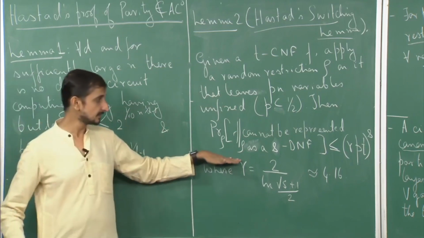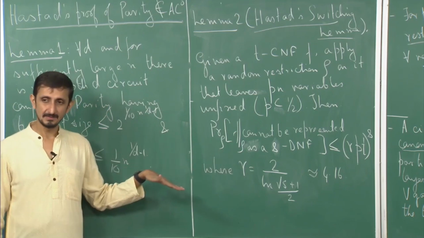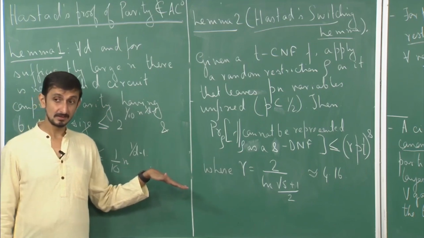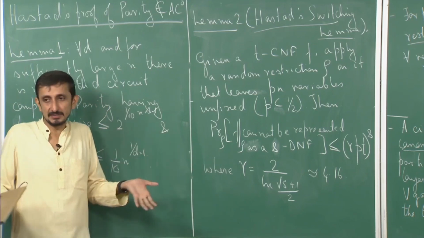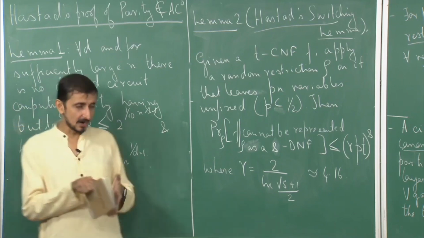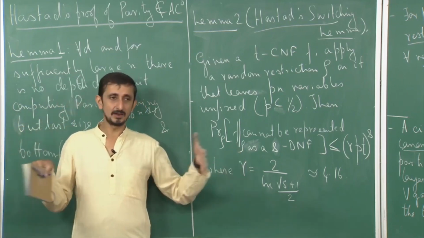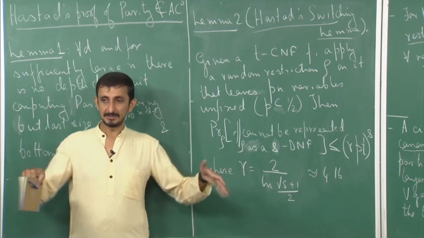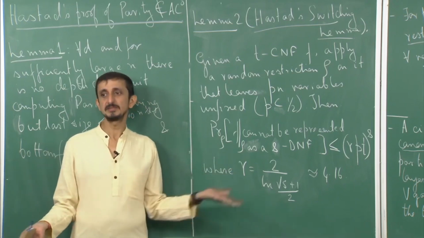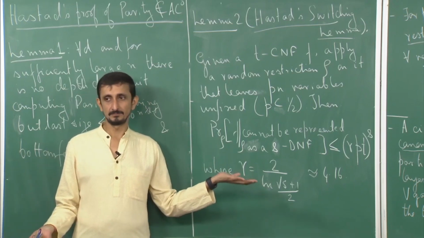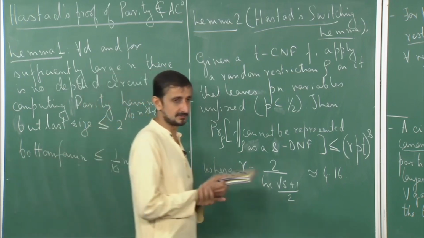This value decreases, which means that the other is getting higher, and that is what is expected, right? If you allow larger DNFs, DNFs with larger terms, then you should be able to represent f. So intuitively that makes sense.